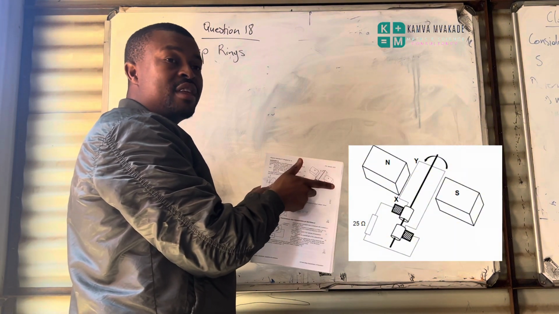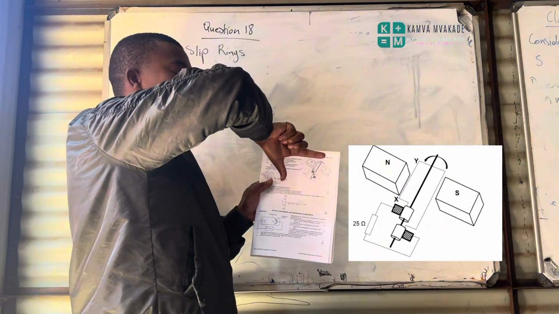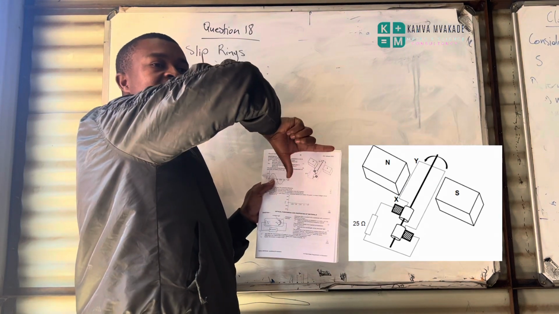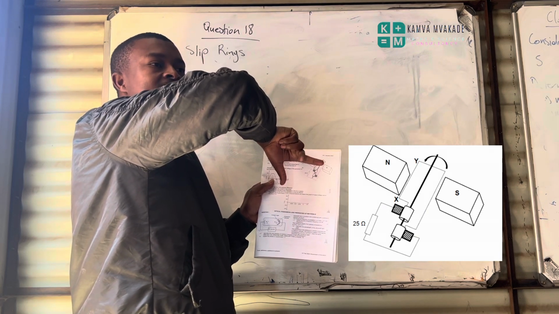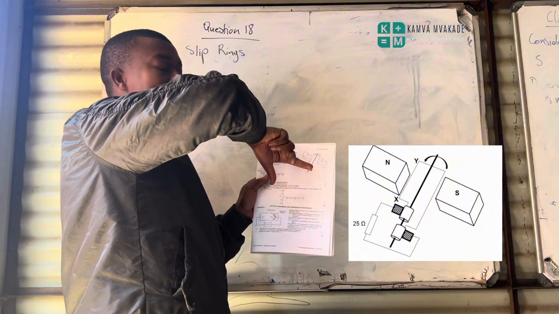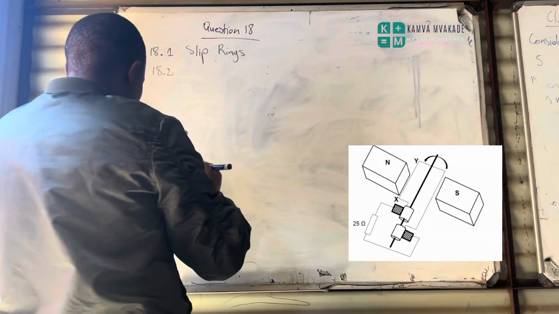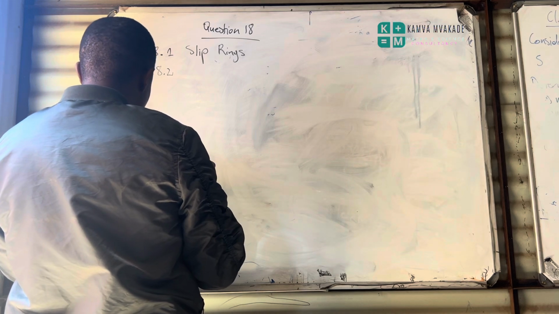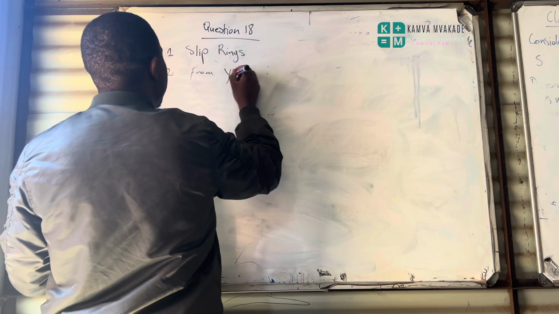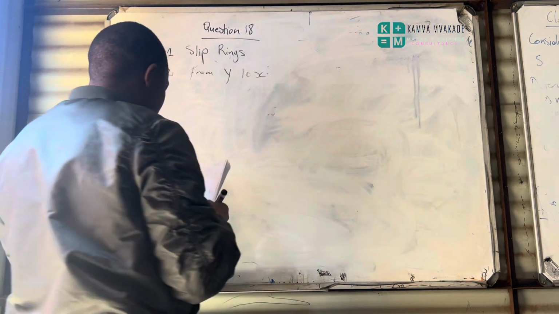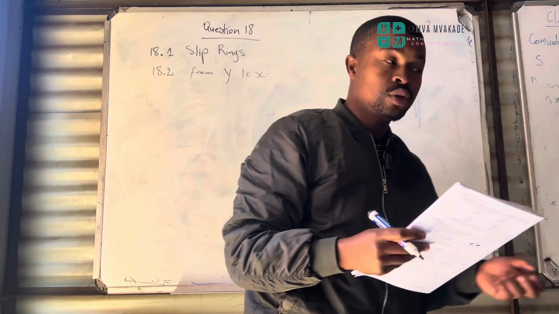Keeping the direction of the field the same, we've got two correct, the direction of the field and the direction of the force. The third is the current. So I is from Y to X. That is 2 marks. So guys, 3 marks. Simple 3 marks.